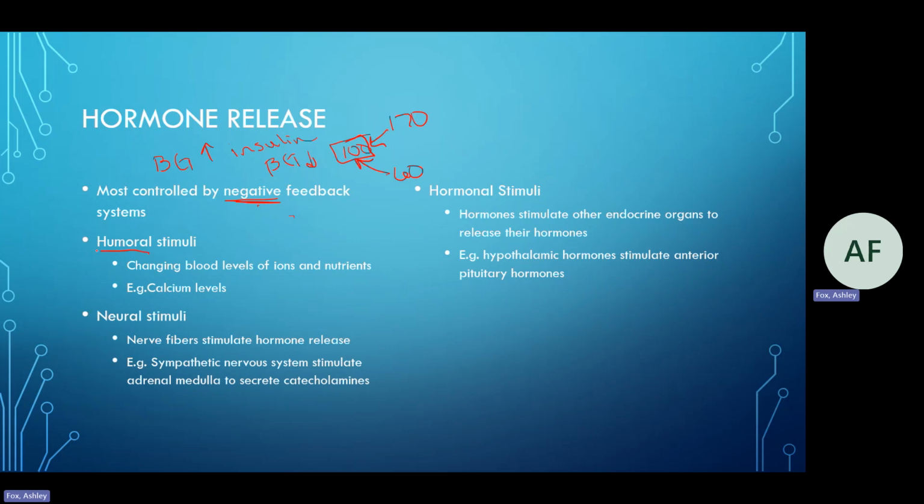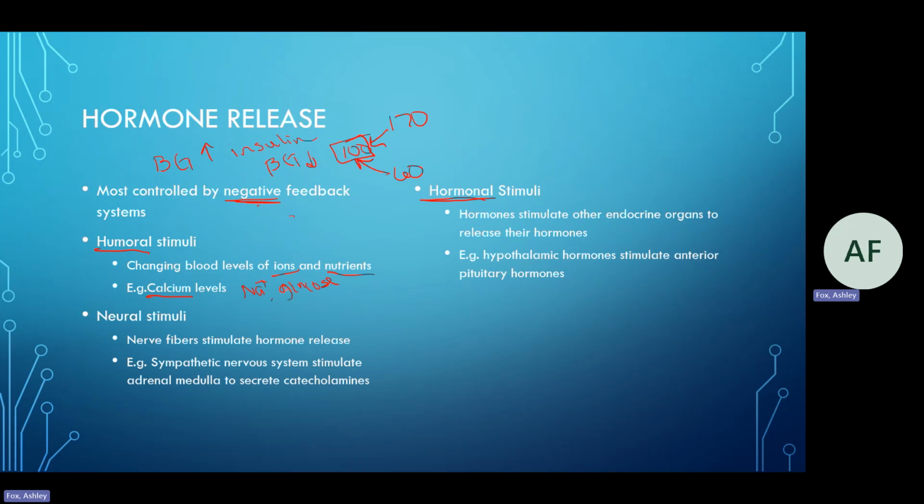Now, humoral and hormonal. Make sure you can understand those differences and read the word carefully. Humoral stimuli is going to be because of ions and nutrients. So things like your calcium, things like your sodium, things like glucose, like I just talked about.